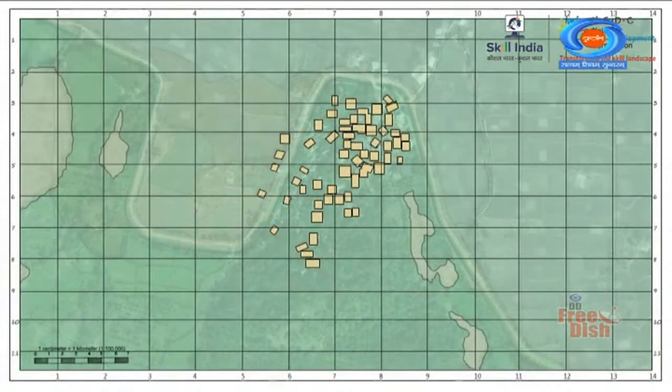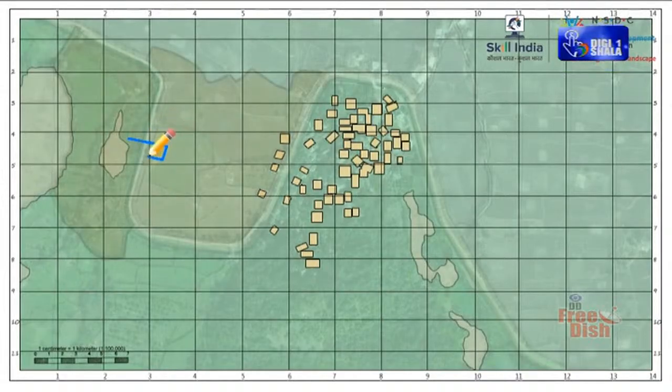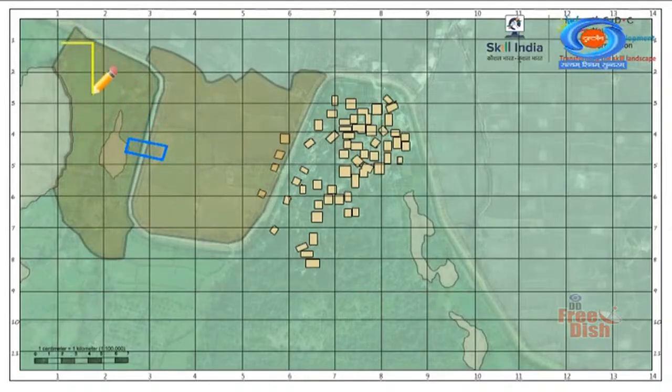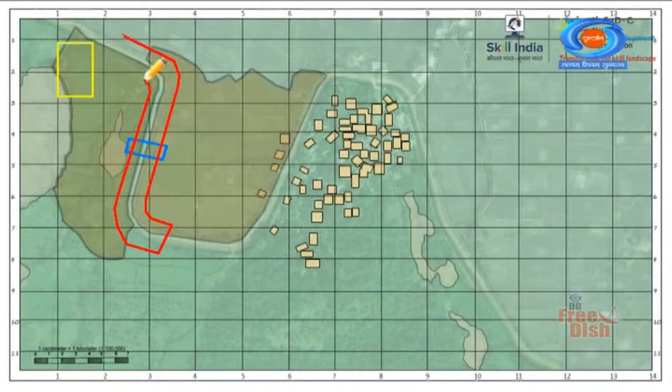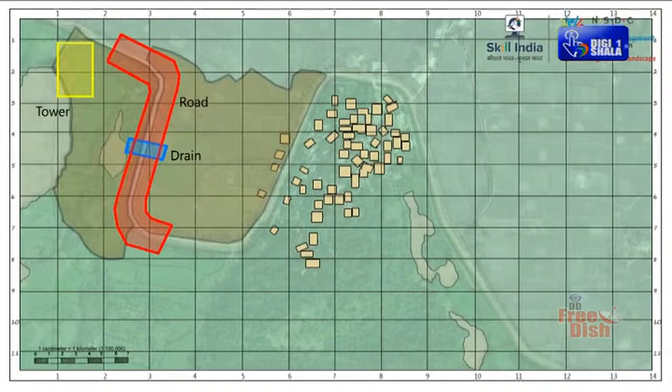Then, represent the area of each on a map. We can now see the location of the field in relation to the tower, the road, and the drainage in the map. Thus, the map represents what is where.